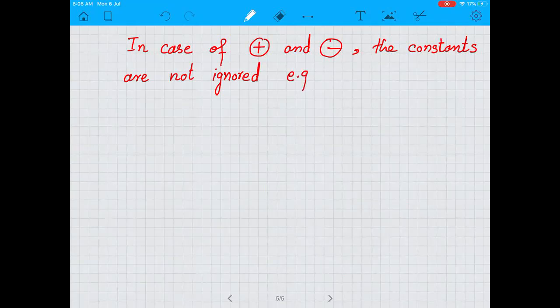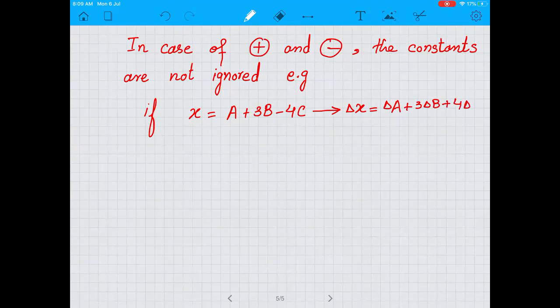For example, if x is equal to A plus 3B minus 4C, then absolute uncertainty in x will be equal to absolute uncertainty in A plus 3 times absolute uncertainty in B plus 4 times absolute uncertainty in C. So the coefficients in the formula for addition or subtraction will remain there.